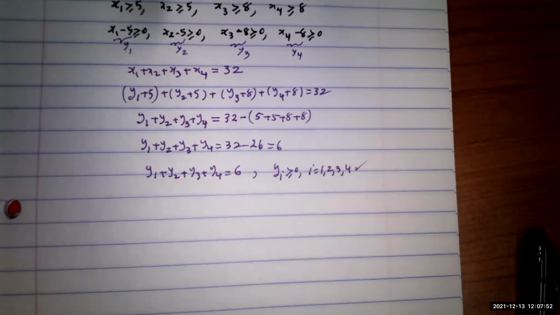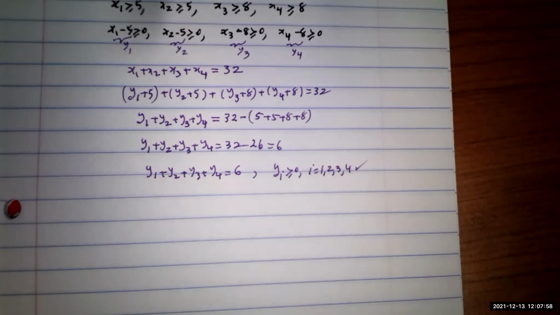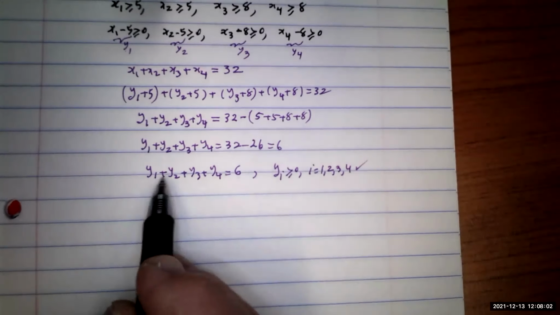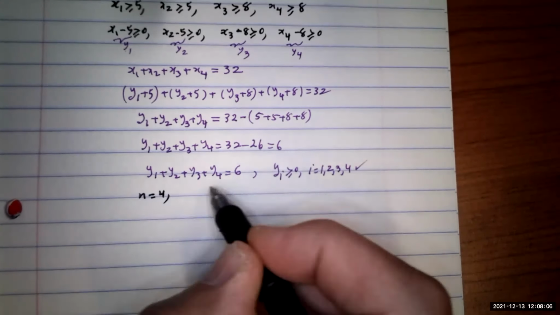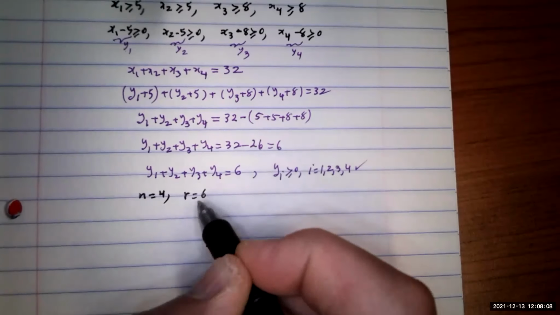You see, we changed the problem because we are interested in the number of solutions, not the exact solutions. So the problem now is that we have 4 variables again, n equal to 4, and you want to add them to get r equal to 6.